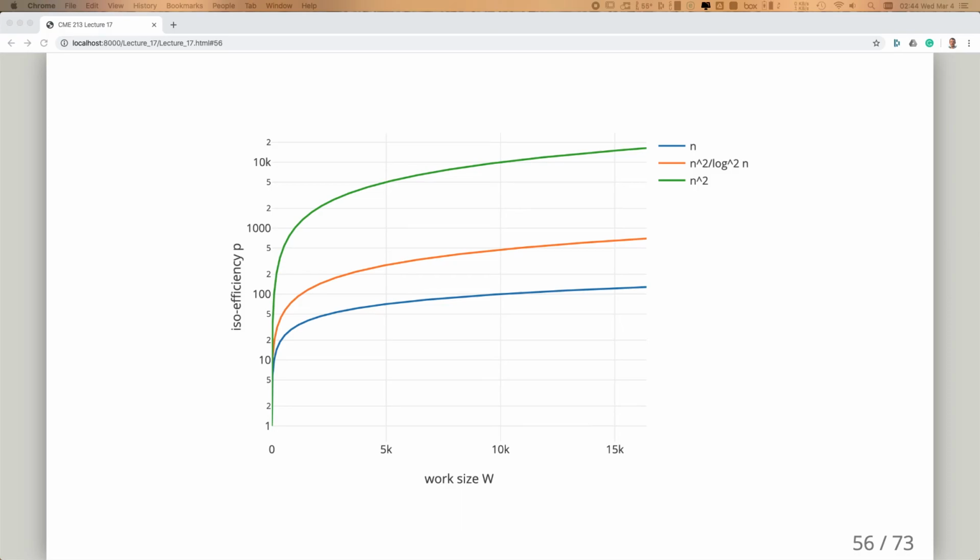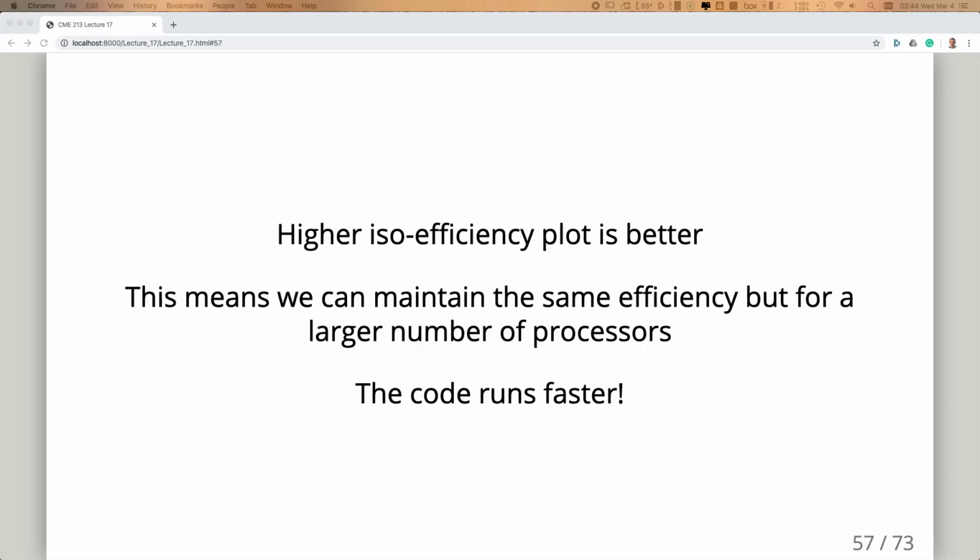So here, we're winning with the orange method, the 2D blocking. A higher efficiency plot is better, so you can maintain the same efficiency with a larger number of processors, which means the running time is strictly lower. This is a nice way to visualize this.